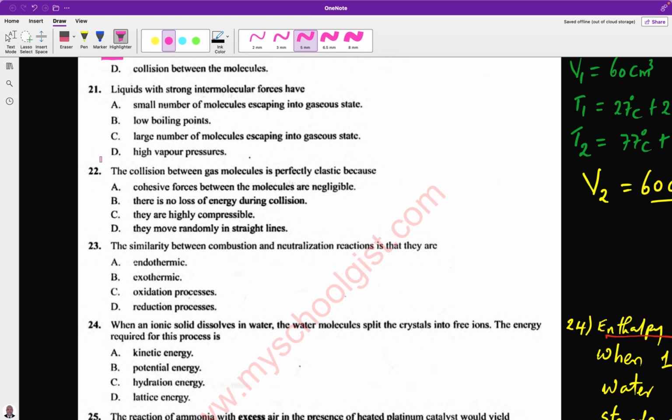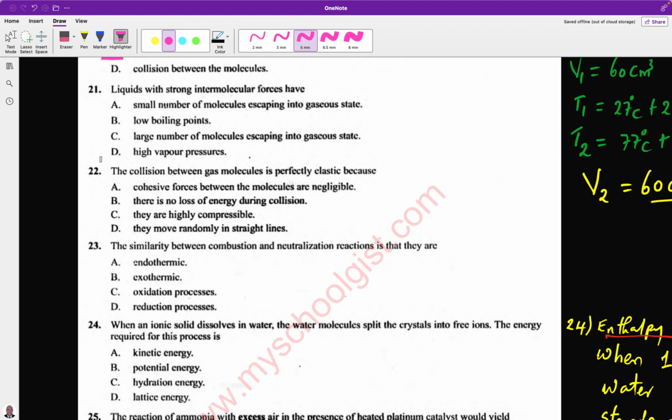Low boiling points, a large number of molecules escaping into the gaseous state, high vapor pressure. It's not the high vapor pressure, as liquids with strong intermolecular forces do not have that. A large number of molecules escaping means the forces of attraction between the molecules are weak.